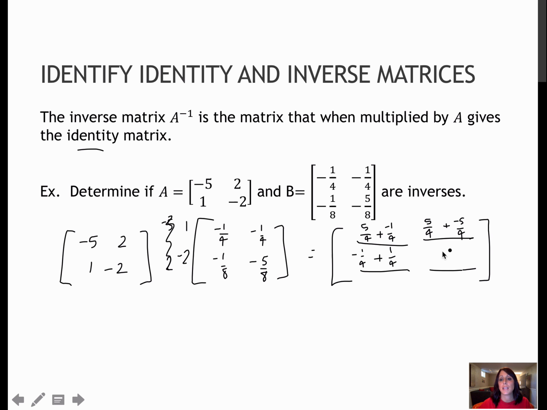And then 1 times negative 1 fourth plus negative 2 times negative 5 eighths, which is 10 eighths, or 5 fourths. So if I simplify that, this ends up to be 4 fourths, which is 1. These two are opposites, that's 0. These two are opposites, that's 0. And these two are 4 fourths, which is 1. If I did it in the opposite order, I should also end up at 1, 0, 0, 1.